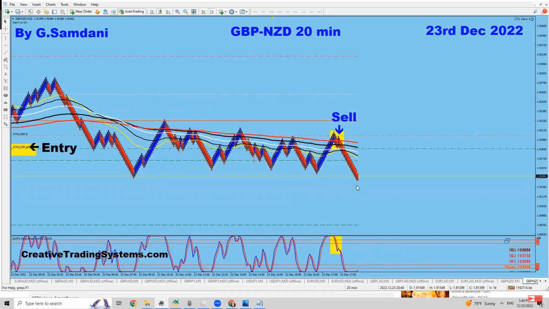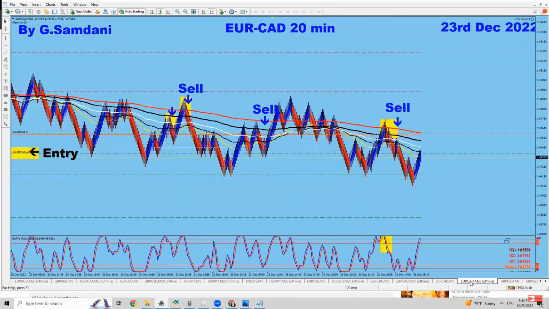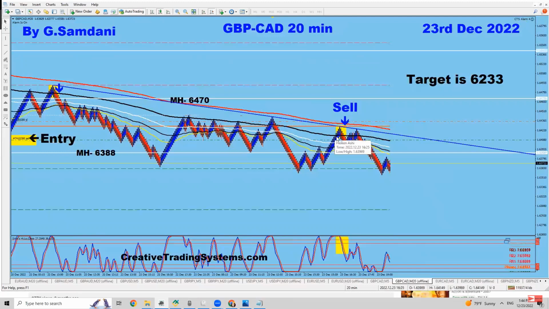I got 30 pip out of that pound yen. After that, Euro CAD gave me 25 pip loss, and it's still messing around with me. It's not moving at all, even though pound CAD is moving, right? It's moving a little bit. First, this was my trade, 105 pip, but here I tried break even, and then after that, this is what it is.